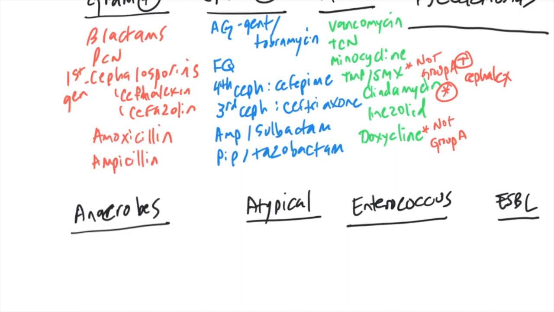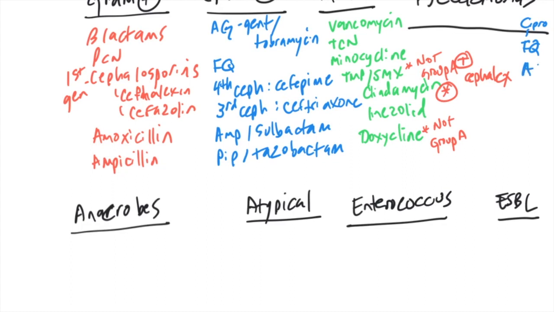Now moving on to Pseudomonas. Pseudomonas, I pulled that out from the category of gram negatives. It is a gram negative agent, but it deserves its own special category. And so the drugs that are specifically good for covering Pseudomonas include the fluoroquinolones, specifically Cipro.